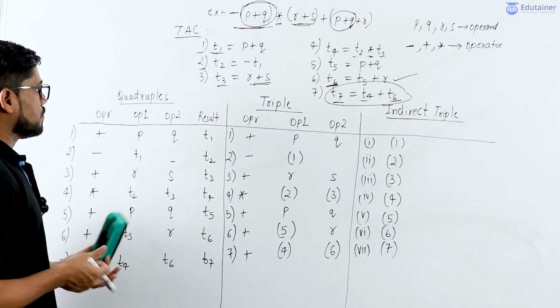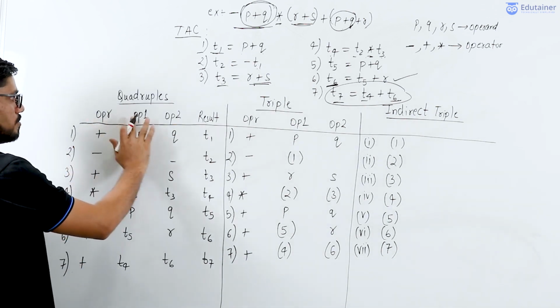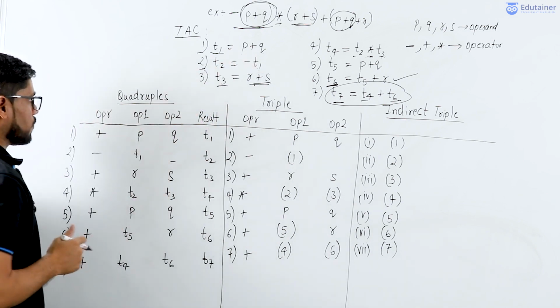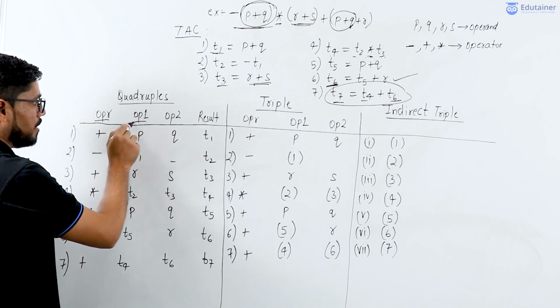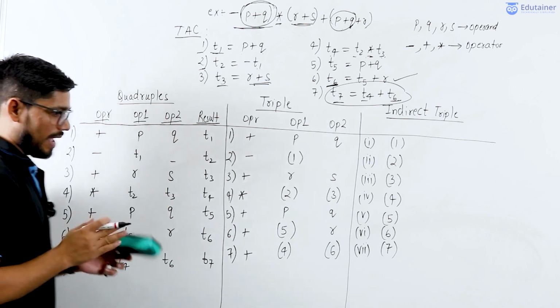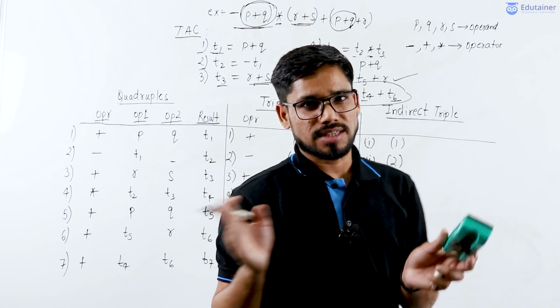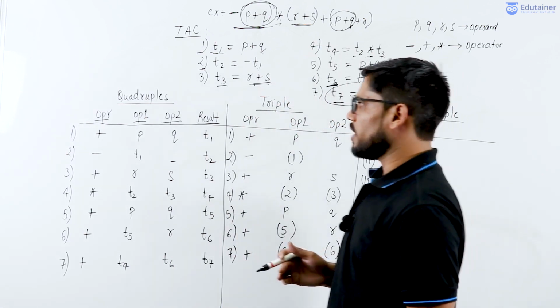In quadruples, we use four different memory locations for the three address code. First is the operator part, second is operand 1, operand 2, and finally the result part. So every operand, operator, and result is kept in a different memory location.